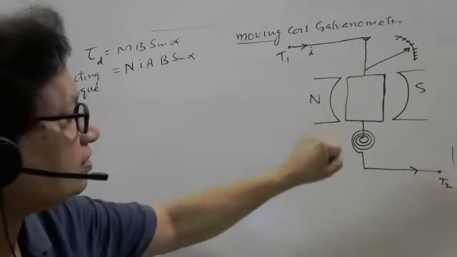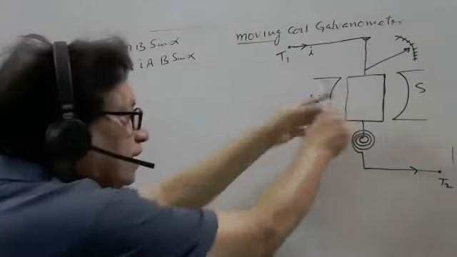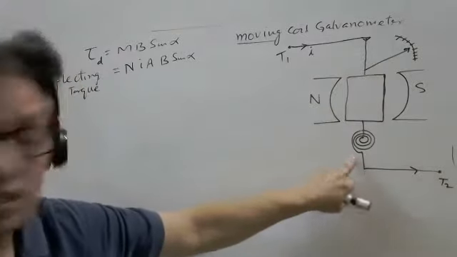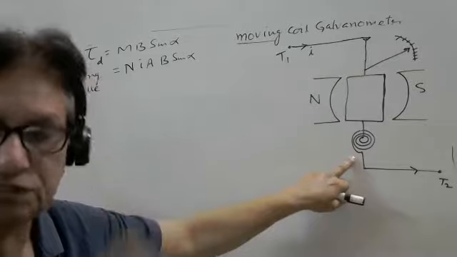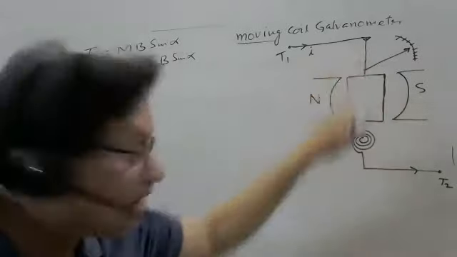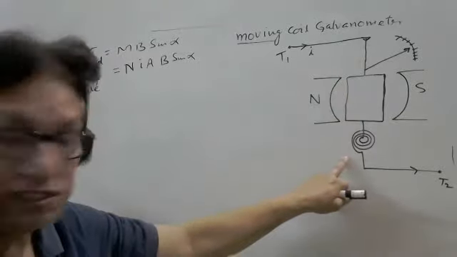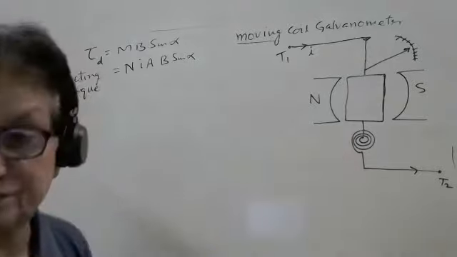What is restoring torque? It develops because, suppose this coil rotates. Here, this wire twists. So tension develops in this wire, as well as because of this rotation, energy is stored in this spiral spring.